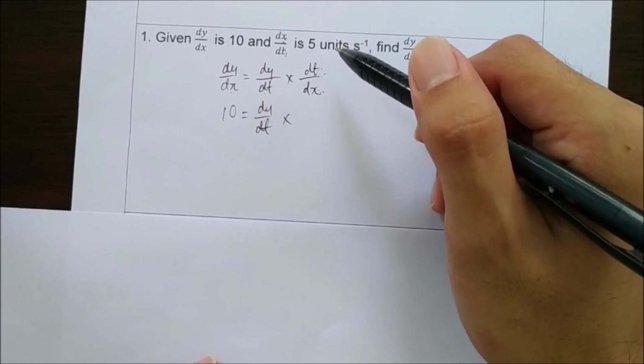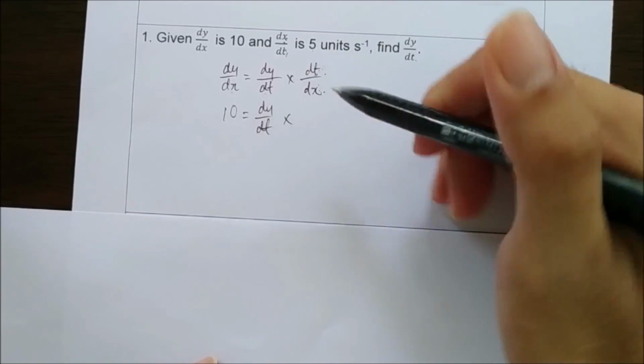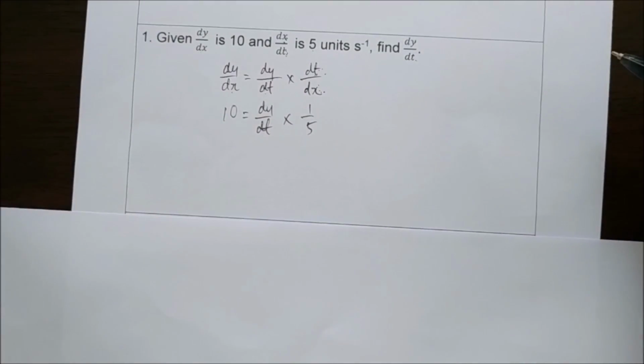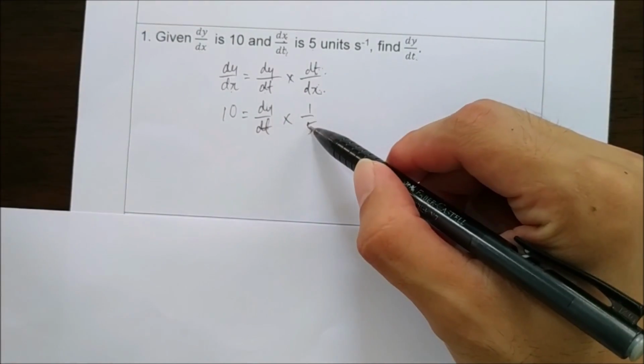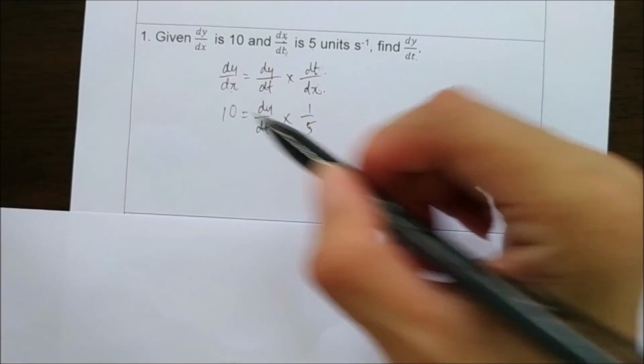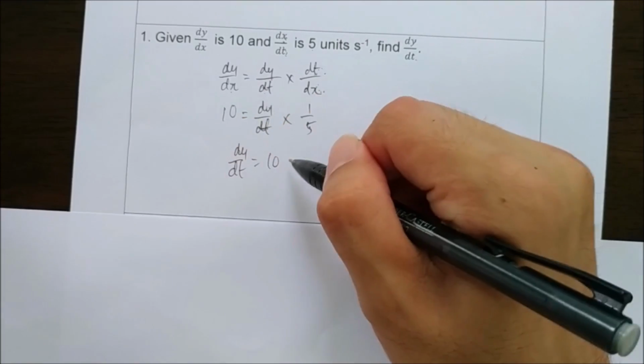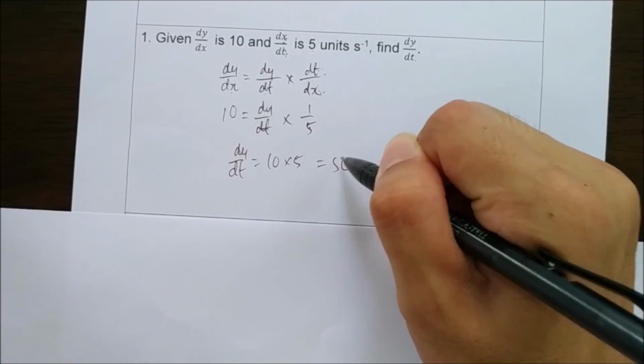Since this is inverse, we write 1 over 5. Then we solve this. In order to find dy/dt, we move the 5 over. You get dy/dt equals 10 times 5, which is 50.